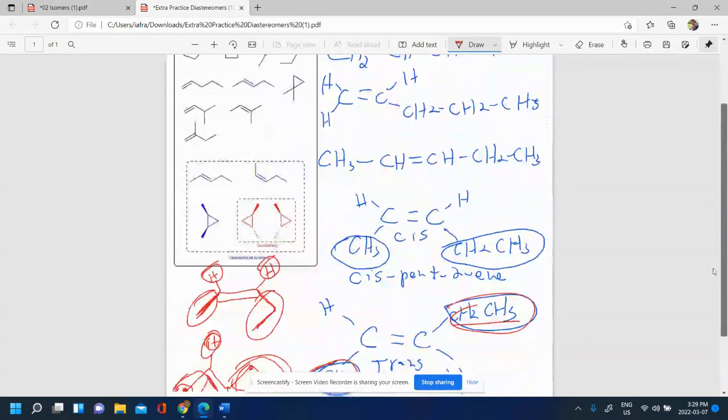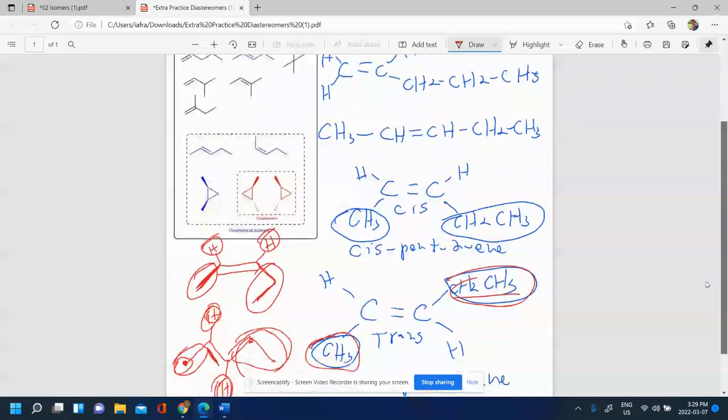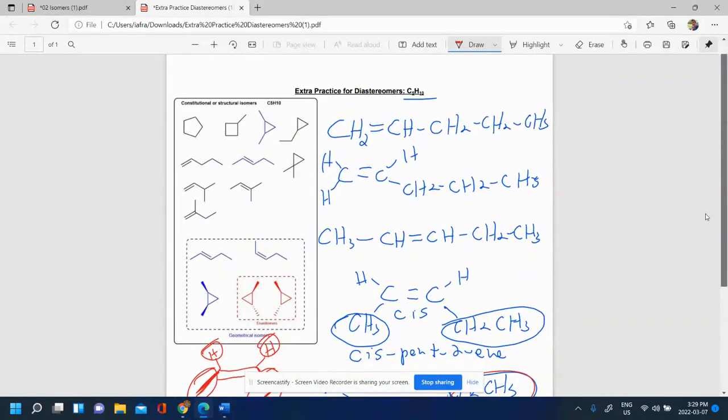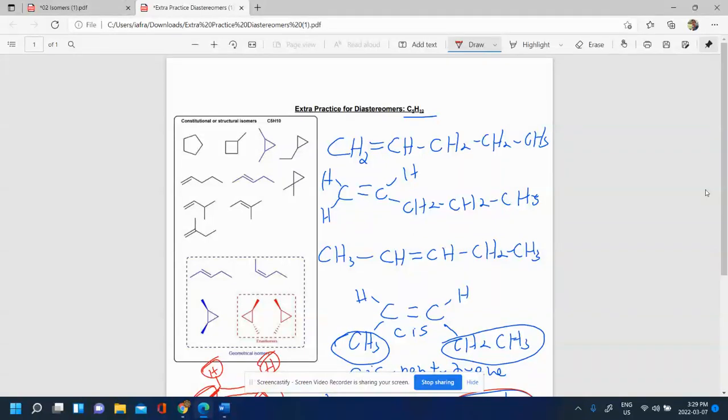So in this video, we saw how to draw the diastereomers, the cis-trans versions of C5H10. You'll notice off to the side here, we have a collection of the different isomers for C5H10. We have both the constitutional structural isomers, which is where you change the bonding arrangement.